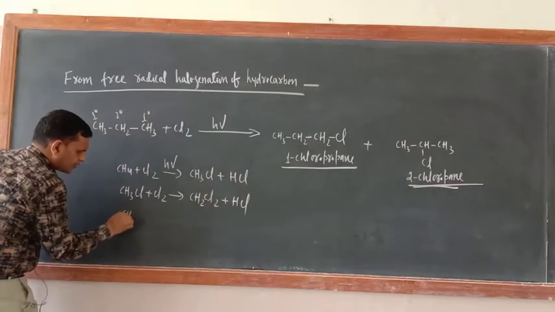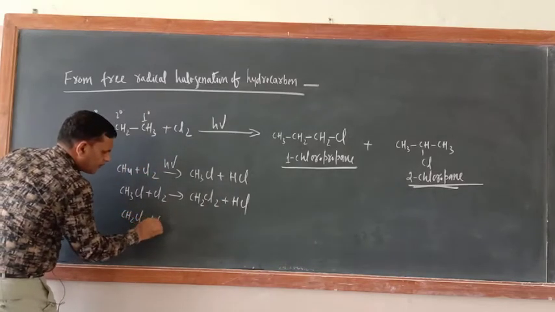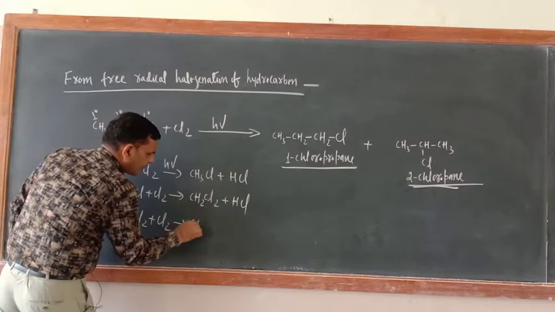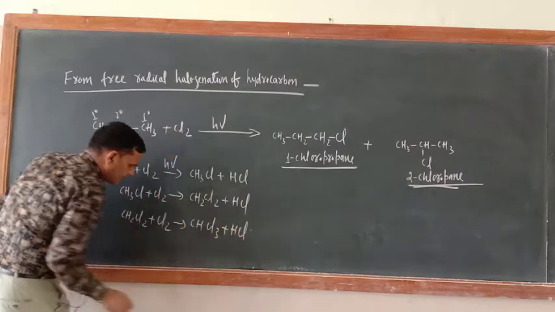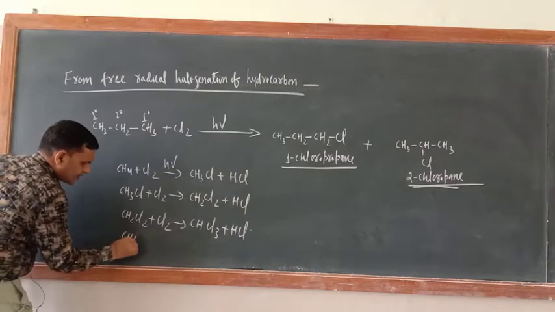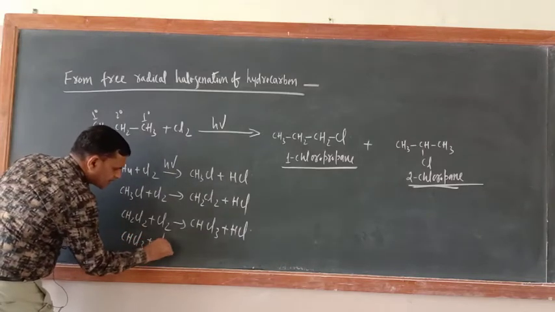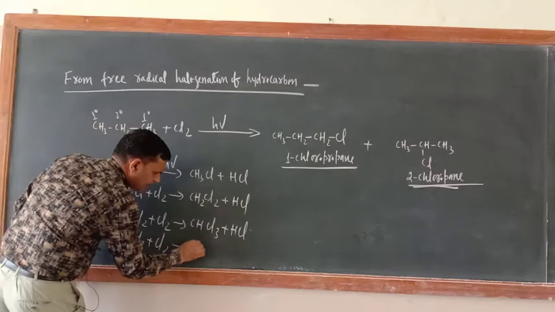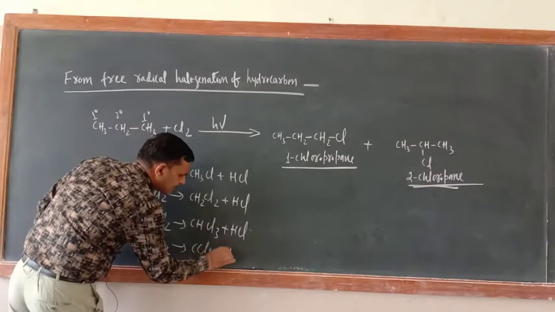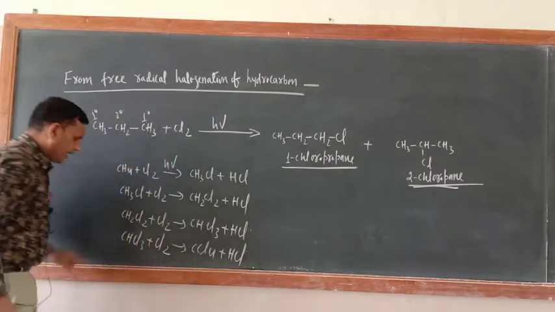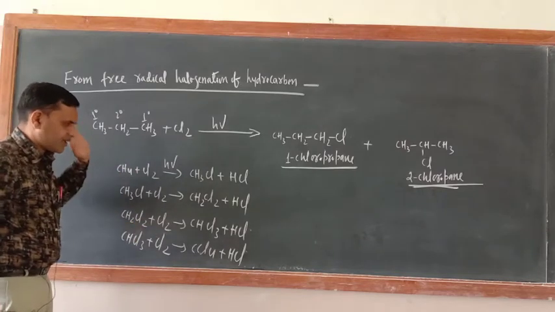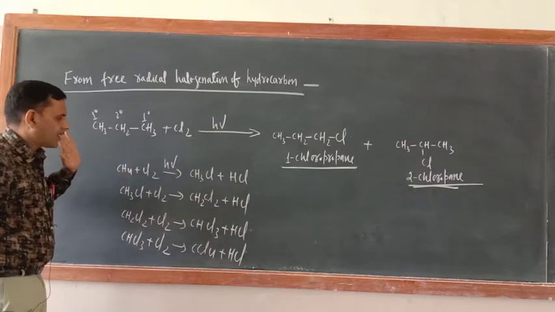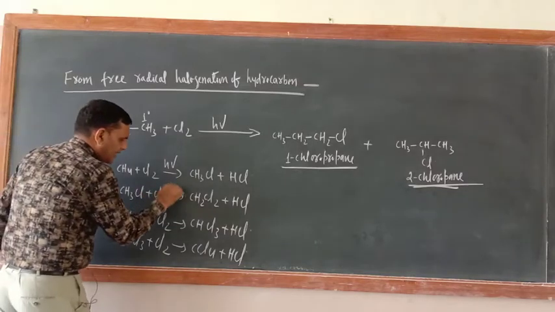Now CH2Cl2 plus Cl2 gives CHCl3 plus HCl. Similarly, CHCl3 plus Cl2 gives CCl4 plus HCl. Now all hydrogen atoms of the hydrocarbon have been replaced, so the reaction will automatically stop. Everywhere H nu will be there.